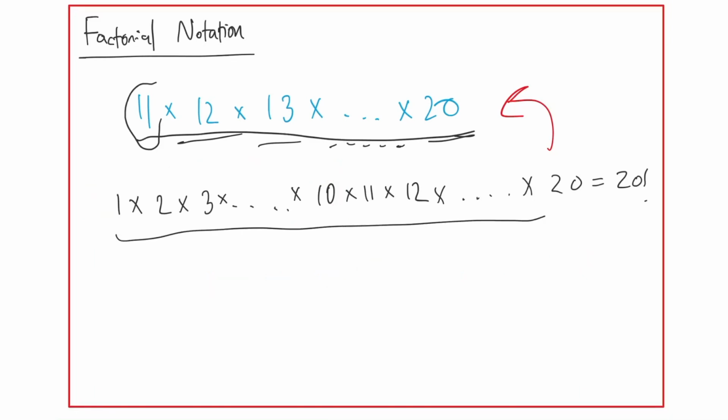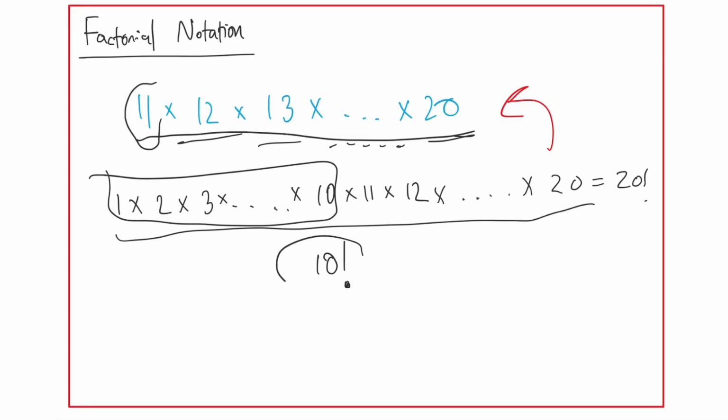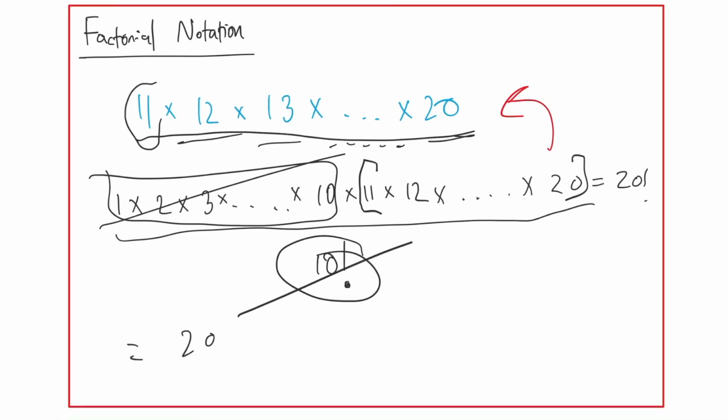So we can divide this whole expression by 10 factorial, because the 10 factorial up here and the one down here cancel out, and we're left with the part we want to evaluate. So this is equal to 20 factorial over 10 factorial, which is equal to 11 times 12 times 13 all the way up to times 20.